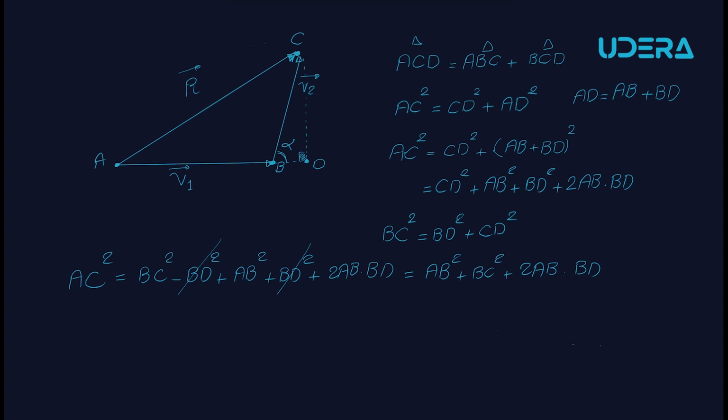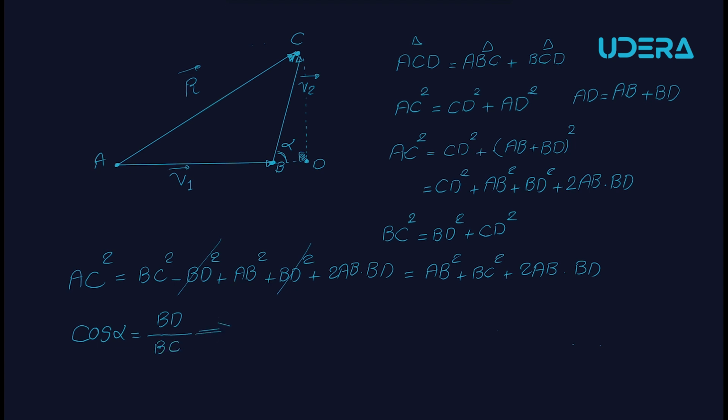So in this scenario, from trigonometry, I can write the cosine of alpha, which is the adjacent side BD over the hypotenuse, which is BC.